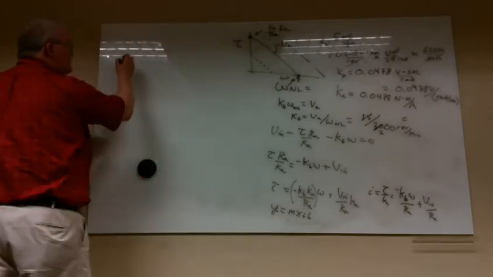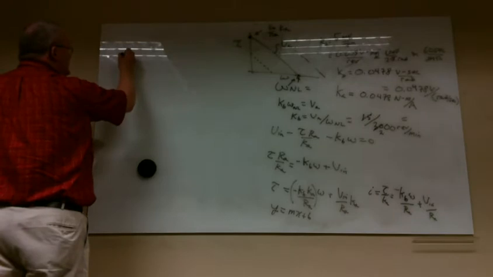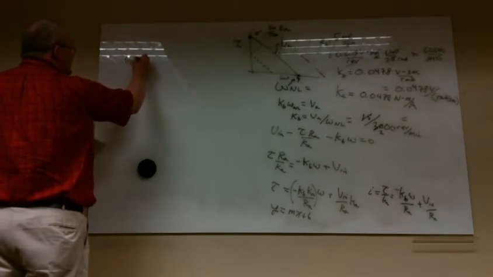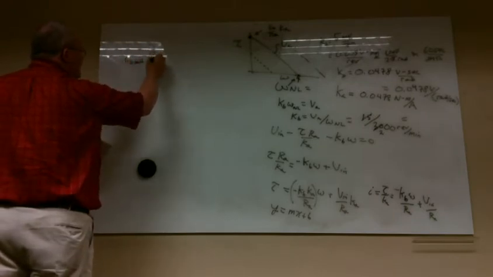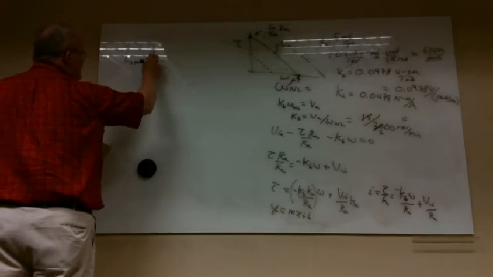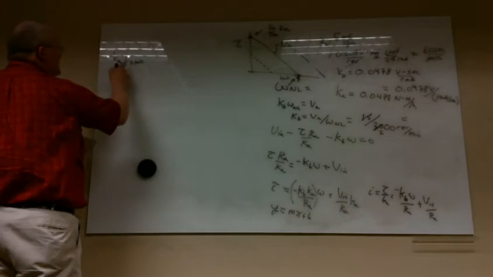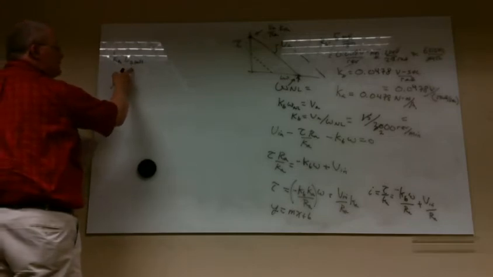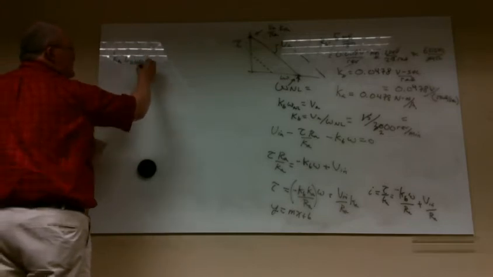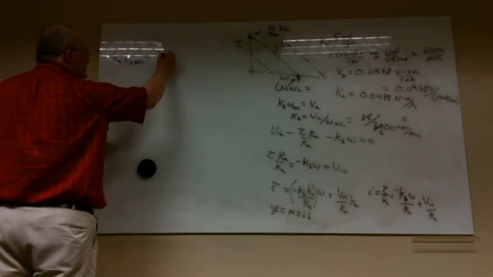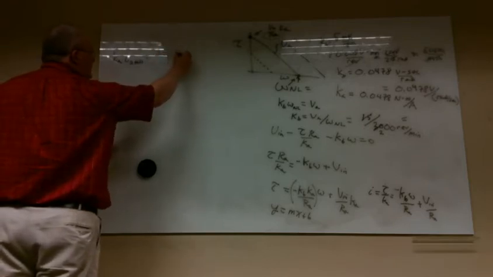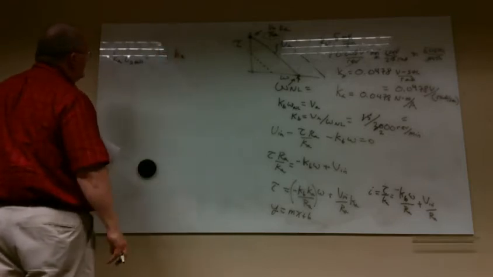I go ahead and I say, okay, I stall times R sub A, let's see, let's not do it that way. K sub A times I stall, that's the torque at stall, is equal to the applied voltage times K sub A. Well, that's interesting.